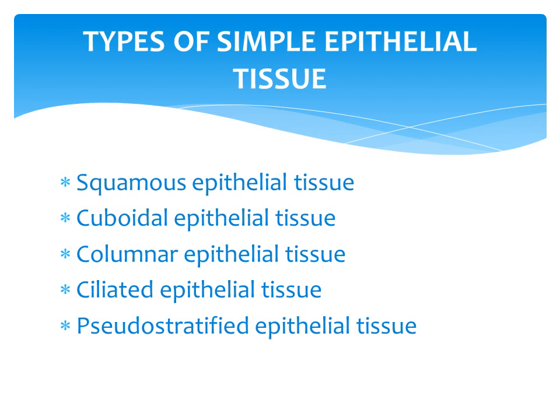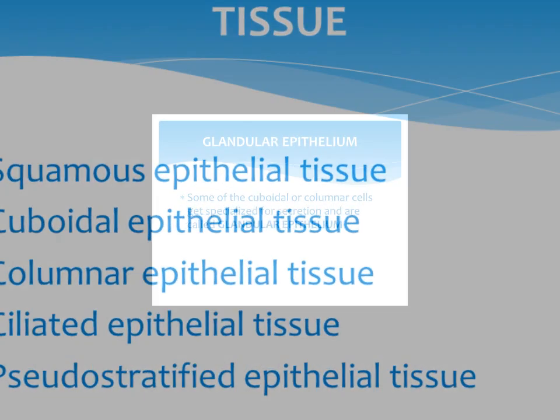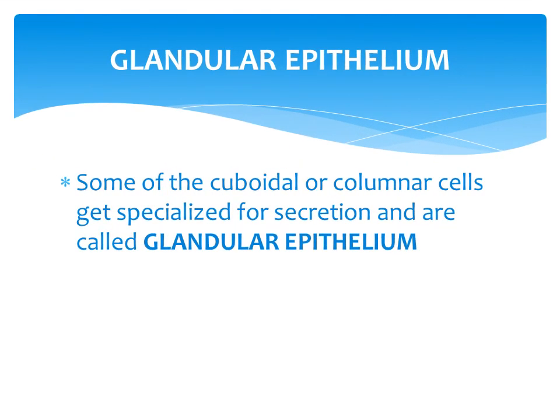The shape of the cell is either cuboid shape or columnar shape, but here it is modified into various forms. So that only we have to discuss in this class. The modified form of cuboidal or columnar cells is known as glandular epithelium. So let us see what glandular epithelium is.